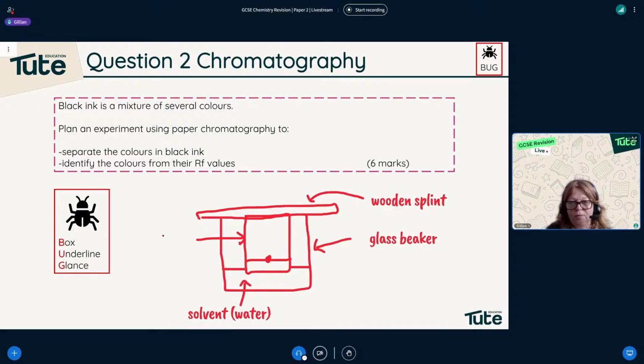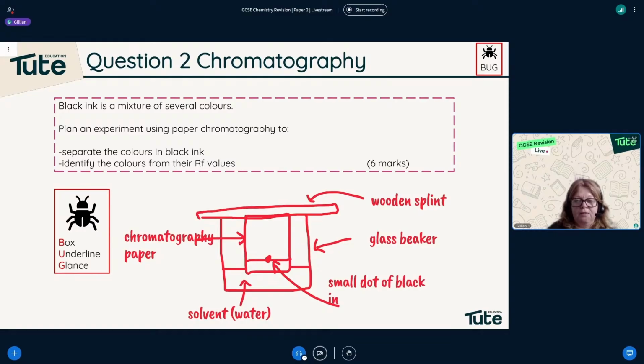And then I have got my chromatography paper. I am checking my spellings, as you can see. And then I have got in the middle, my small dot of black ink. So I've got a diagram.